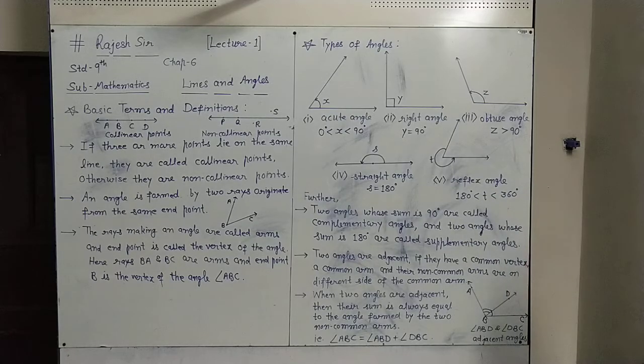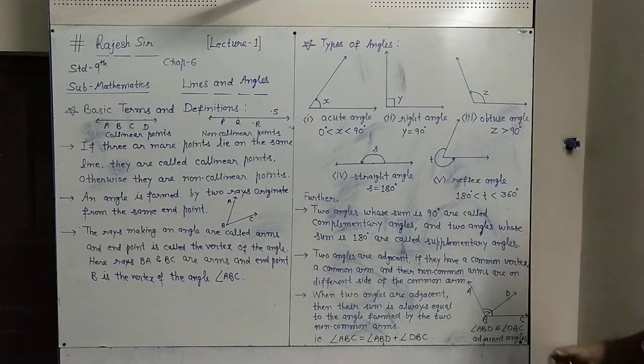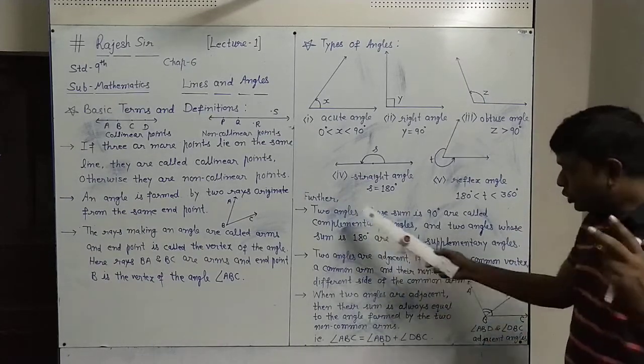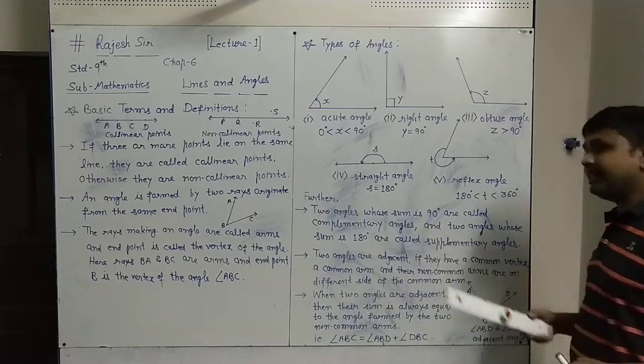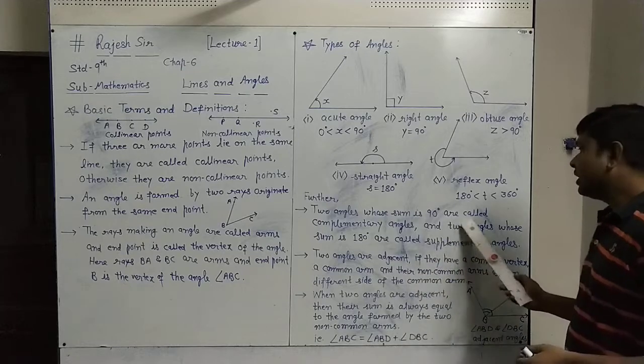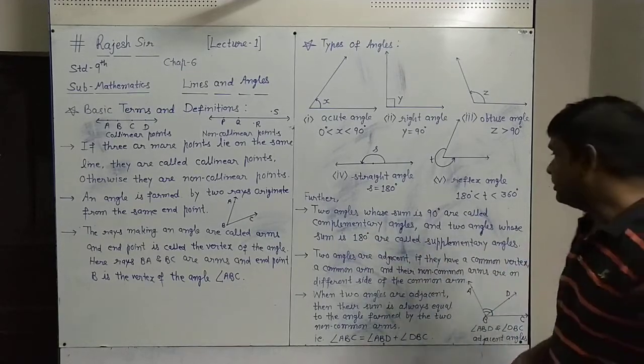So all five types of angles we have seen with the figure and with the understanding written below each figure. Now next, two angles whose sum is 90 degrees are called complementary angles.